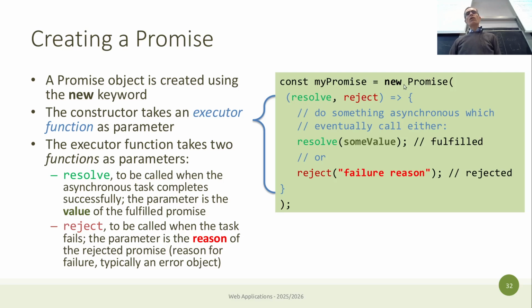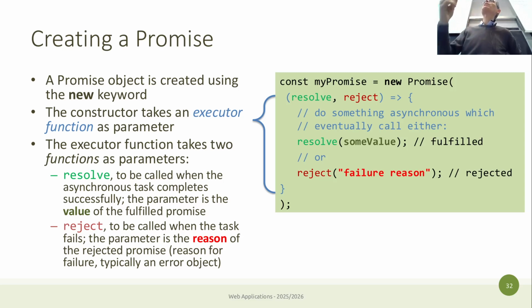This executor function takes two parameters, and these two parameters are again functions. JavaScript is always like this, functions passed around in any place.